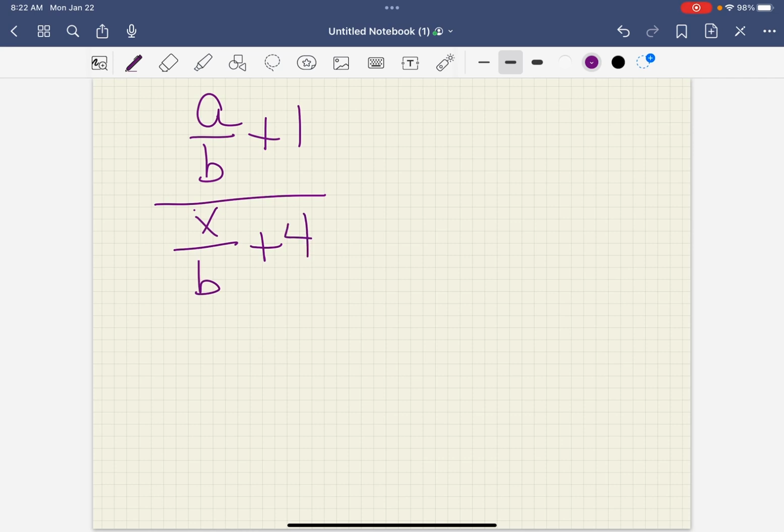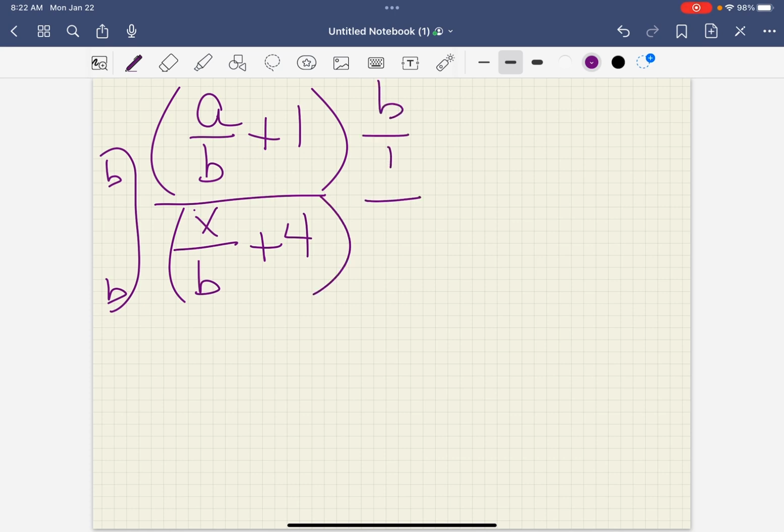Okay, so in the numerator, common denominator is b. Denominator, common denominator is b. For both of them, common denominator is b. So we just write it as b over 1 so we can see what cross cancels.